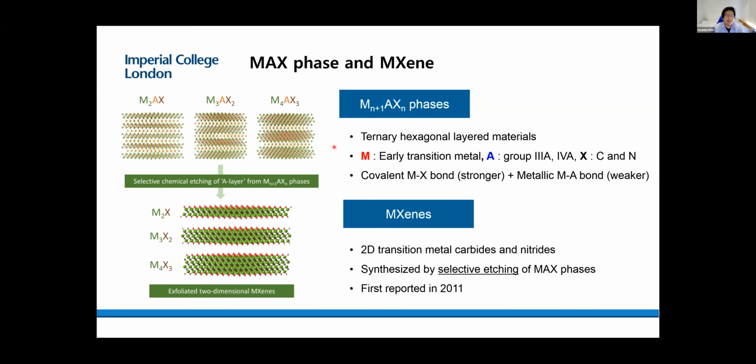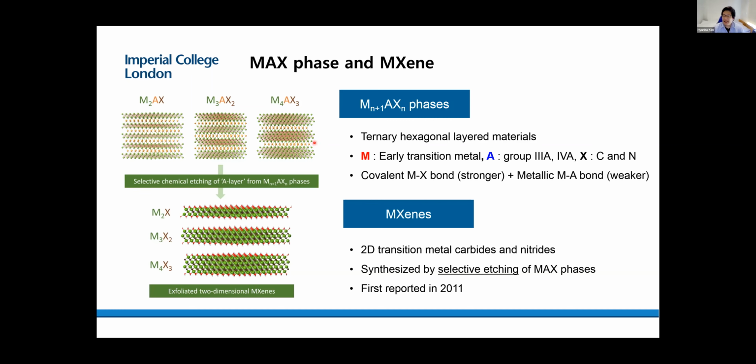And here the interesting thing is the MX bond is a covalent bond, while the MA bond is a metallic bond. Once they go into a fluorine-containing acidic solution, the fluorine attacks the aluminum, and we can remove this A layer, and it ends up with a multilayer of these MXenes.